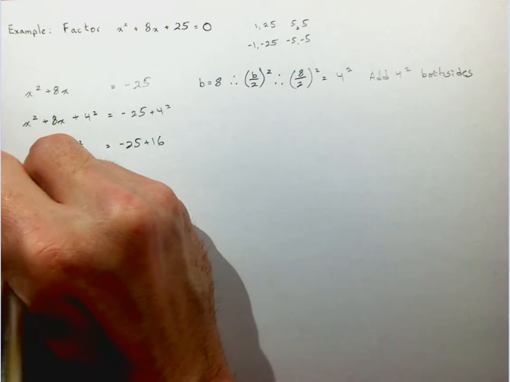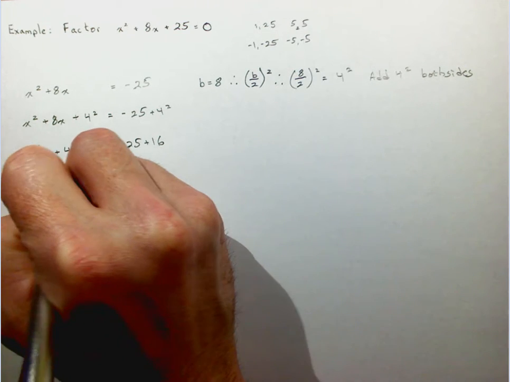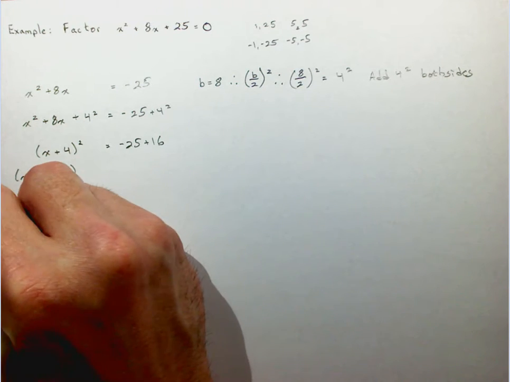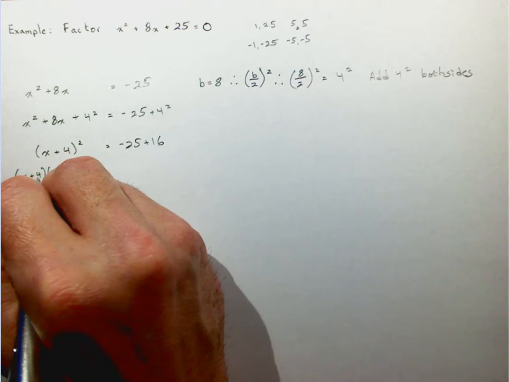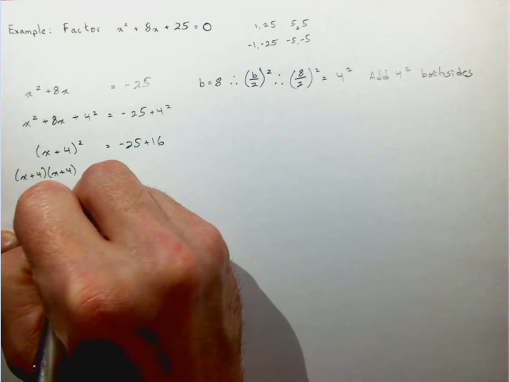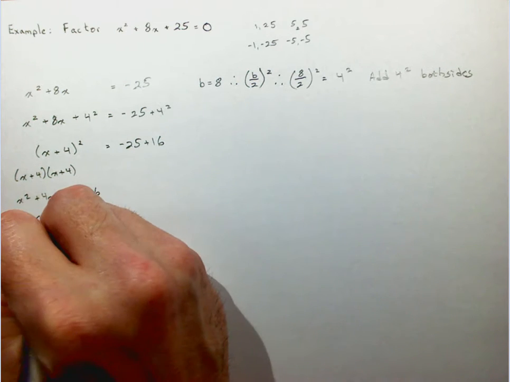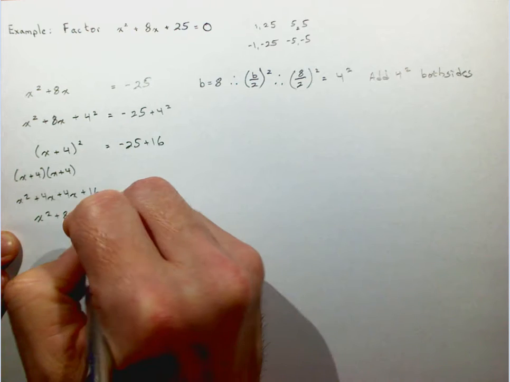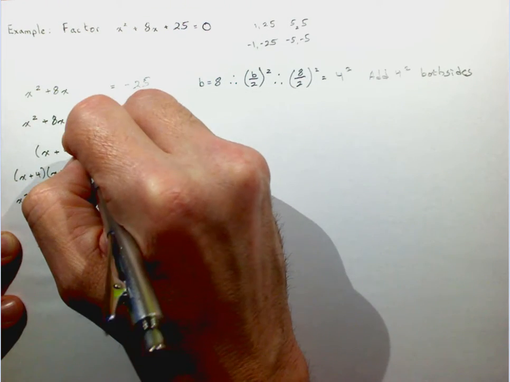Again, real quick, x plus 4 times x plus 4. That's what this says, right? So x times x is x squared, x times 4 is 4x, 4 times x is 4x, 4 times 4 is 16. What I have is x squared plus 8x plus 16. And what is 16? Just simply 4 squared.